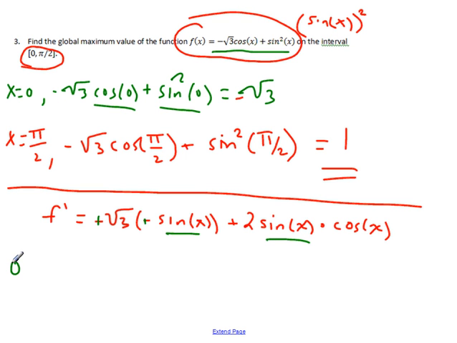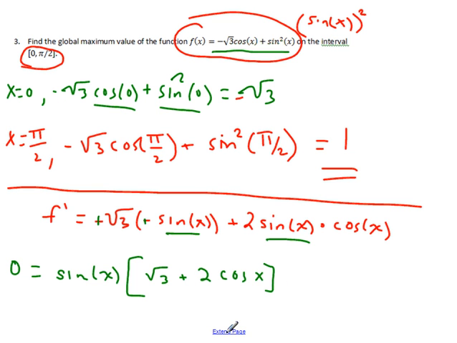Let's set our derivative equal to 0, and we get sine of x times √3 plus 2 cos of x.